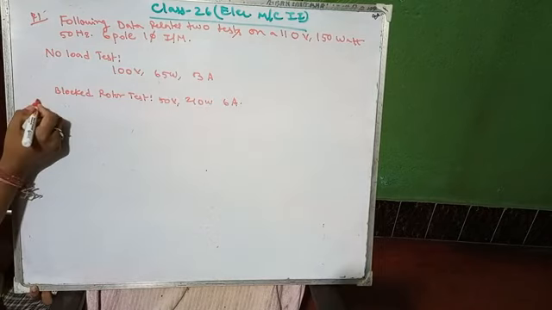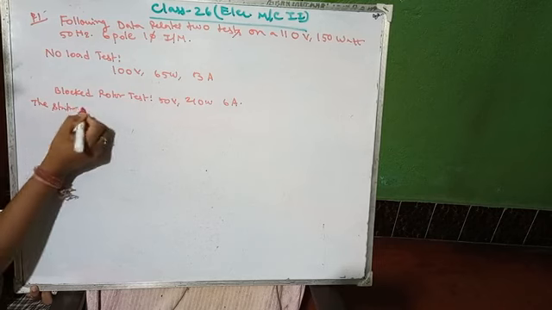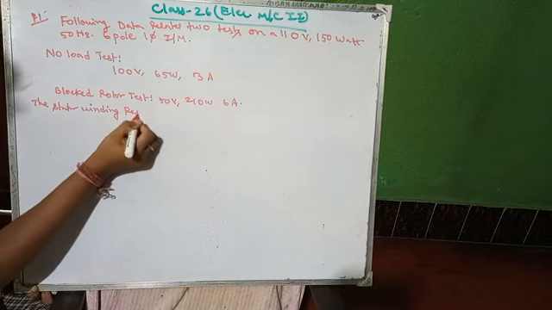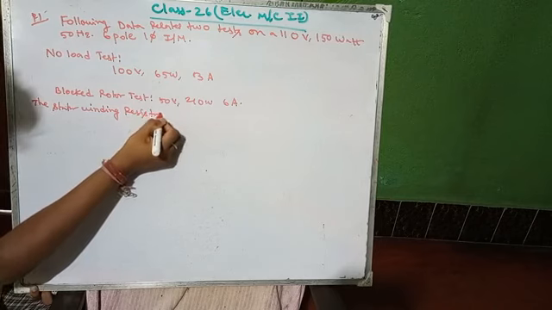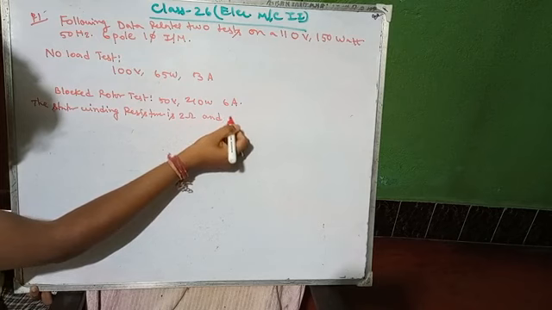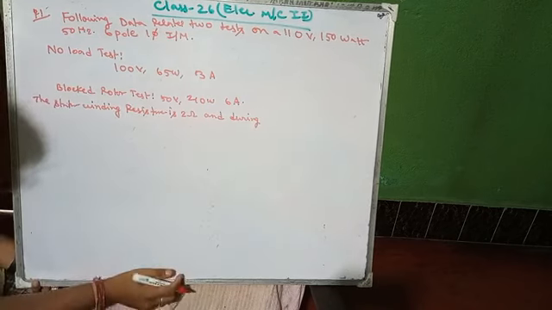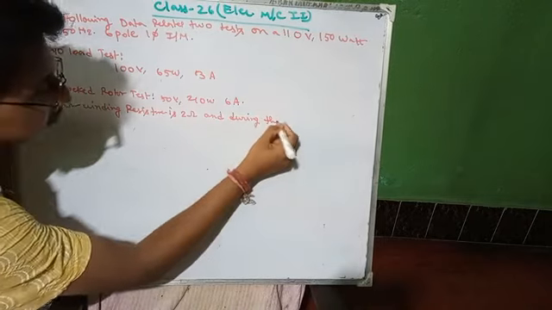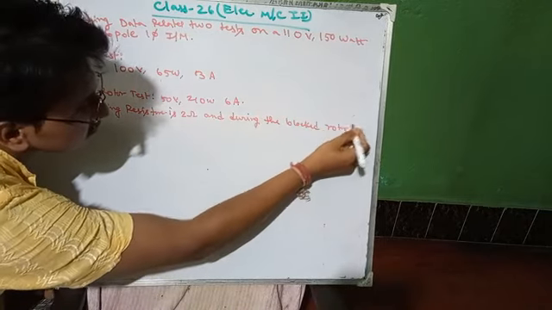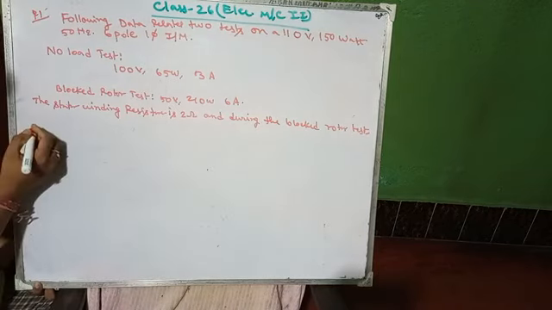Write the stator winding resistance is 2 ohm, and during the blocked rotor test the auxiliary winding is kept open.